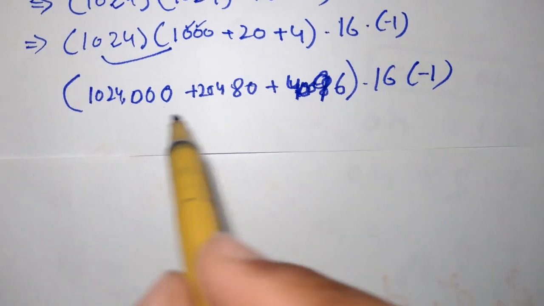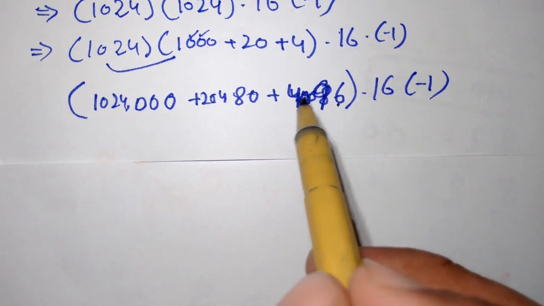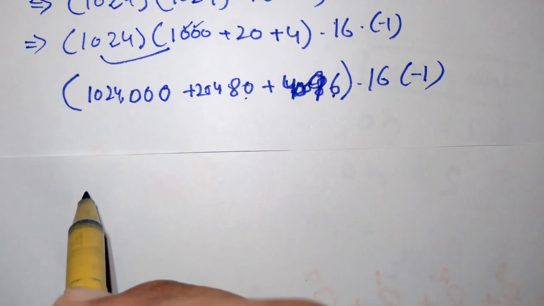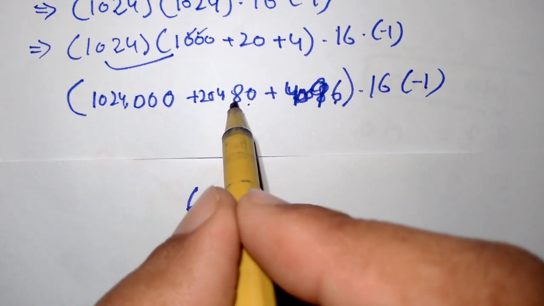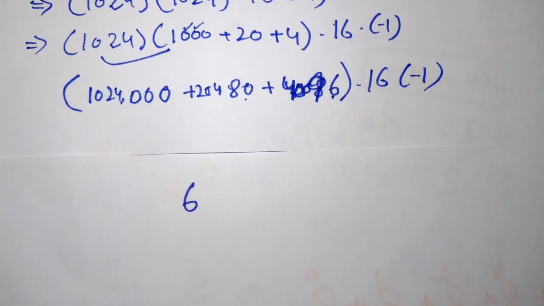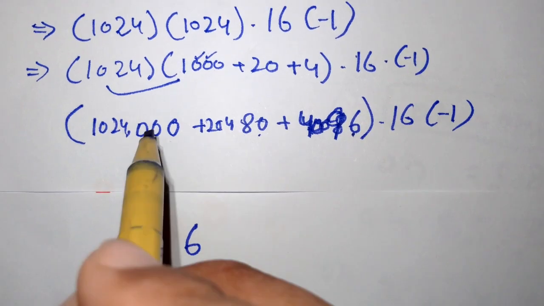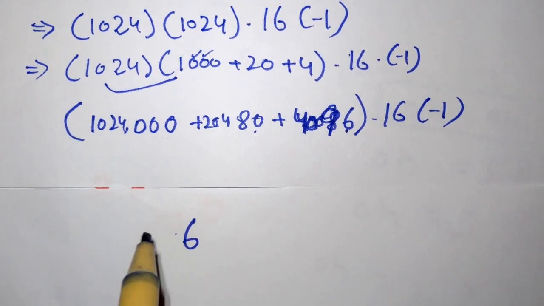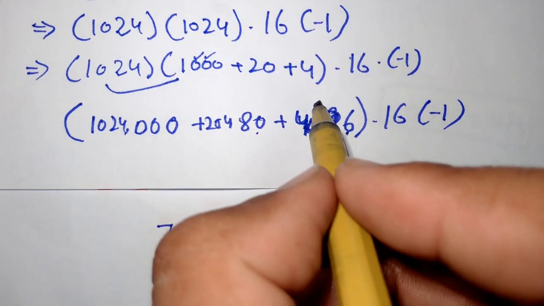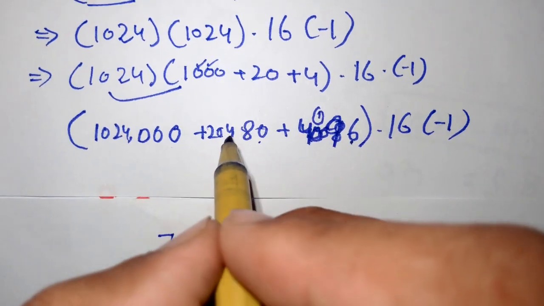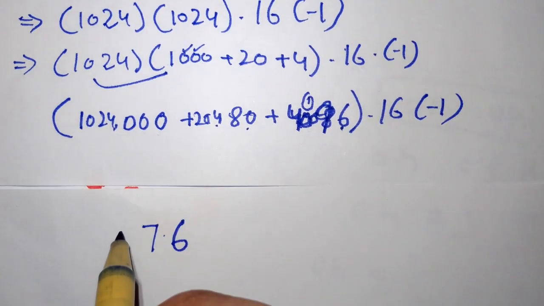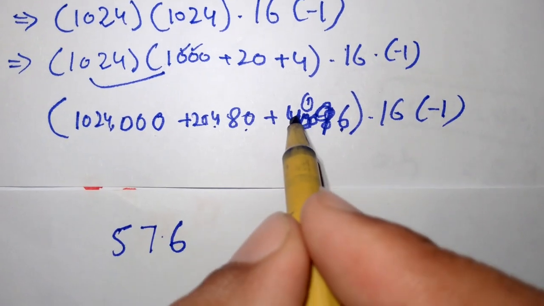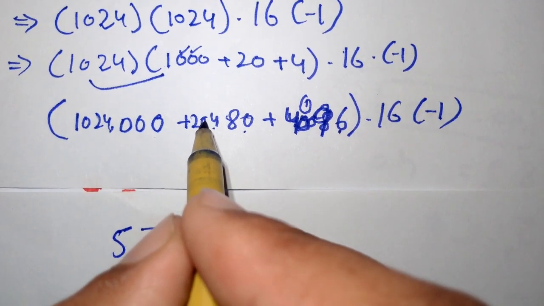Now we have to add them. 6 plus 0 is equal to 6. 9 plus 8 is equal to 17. 17 plus 0 is equal to 17. So 1 carried here. 1 plus 4 is equal to 5. 5 plus 0 is equal to 5. 4 plus 0 is equal to 4.